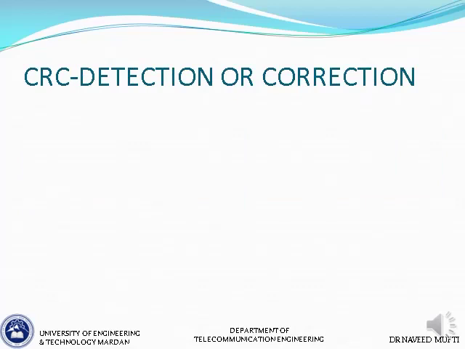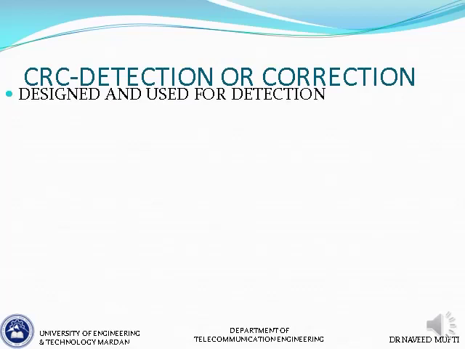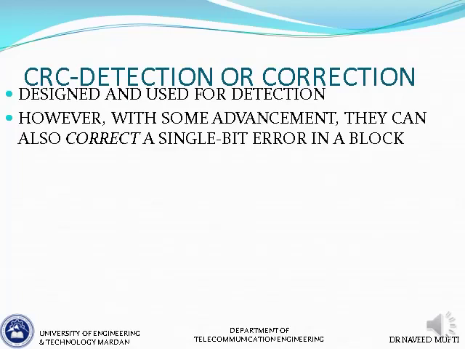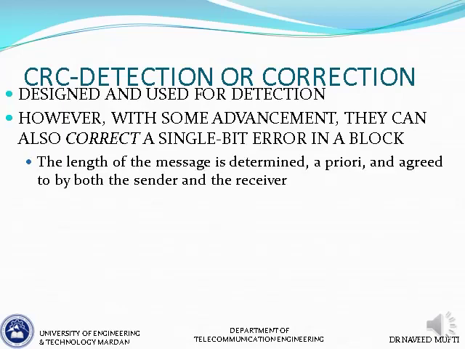So CRC is basically a technique for error detection, but it can be used for correction. It is mainly designed and used for detection. However, with some advancement and with some careful planning, it can also correct a single bit error in a block, but some conditions need to be satisfied. First of all, the length of the message has to be determined in advance and has to be agreed by both the sender and the receiver.